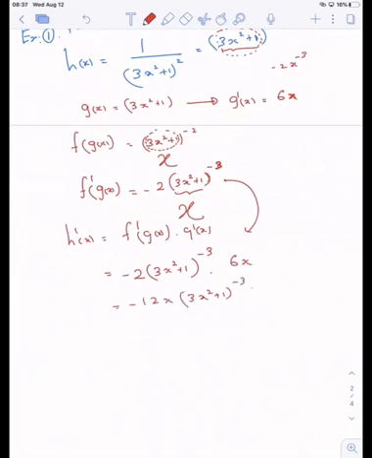Now you can see this seems a bit complicated, but if you look carefully, all you need to do is first clearly identify what is g(x), and then, when you try to find f dash g(x), consider this as one complete unit like a large x.